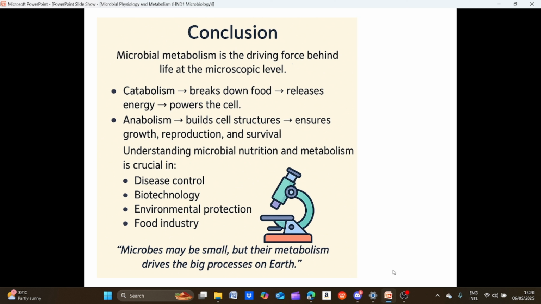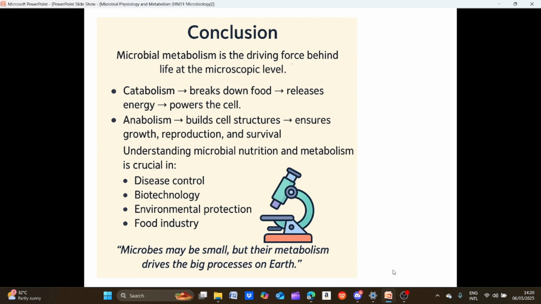And lastly, you see that microbial metabolism, either anabolic or catabolic reaction, is the driving force behind life at the microscopic level. Because when we talk of catabolism, that is the breaking down of food, thereby releasing energy that is used to power the cell.